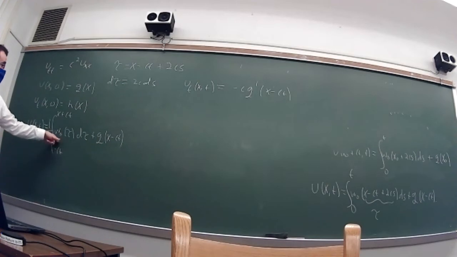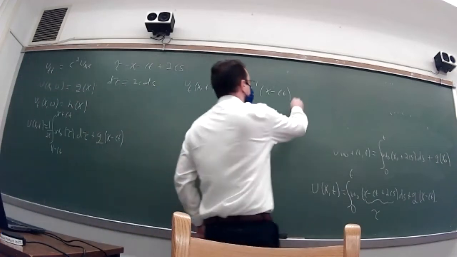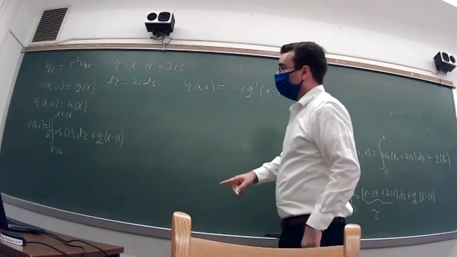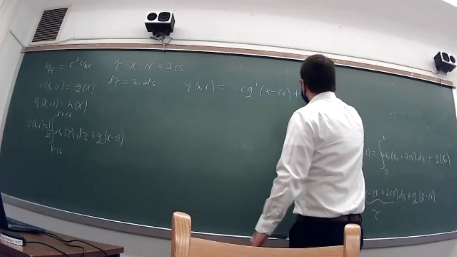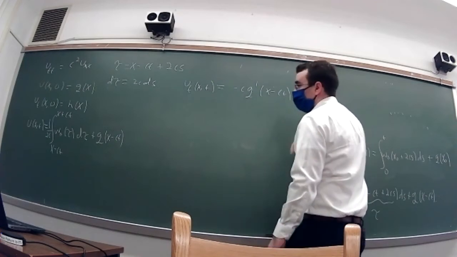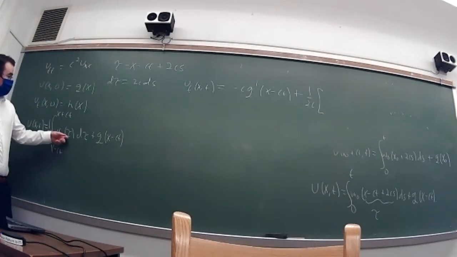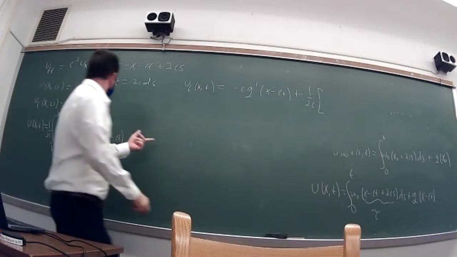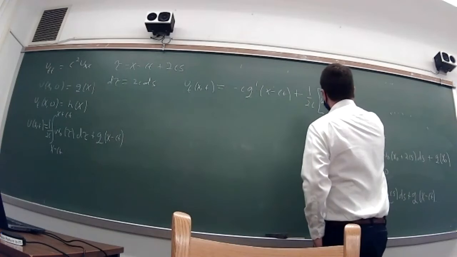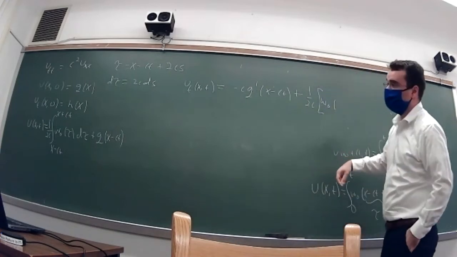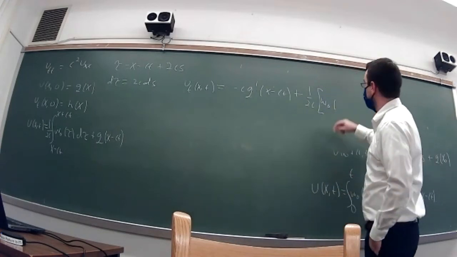And here, what about taking the derivative? Here, it's another chain. Right, so I should get w naught of x plus ct times the derivative of the inside function. This is fundamental theorem of calculus with chain rule.